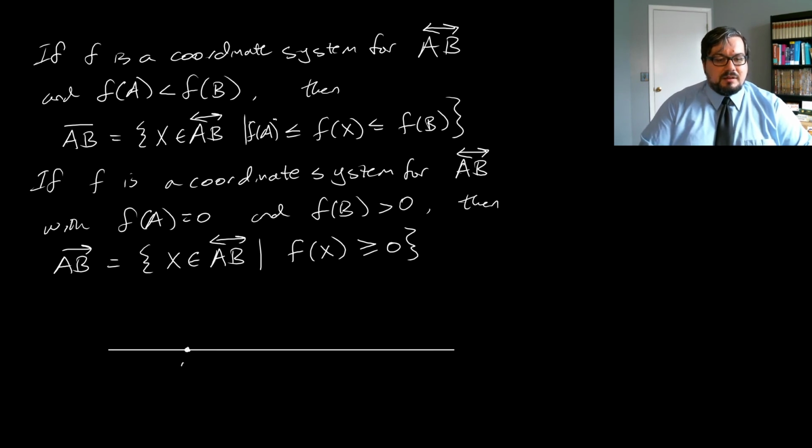If we take A and we take B, then the ray is given like this. And if we look at a coordinate system where A has coordinate 0 and B has coordinate greater than 0, then the ray just consists of all the points on the line that have coordinates bigger than 0.